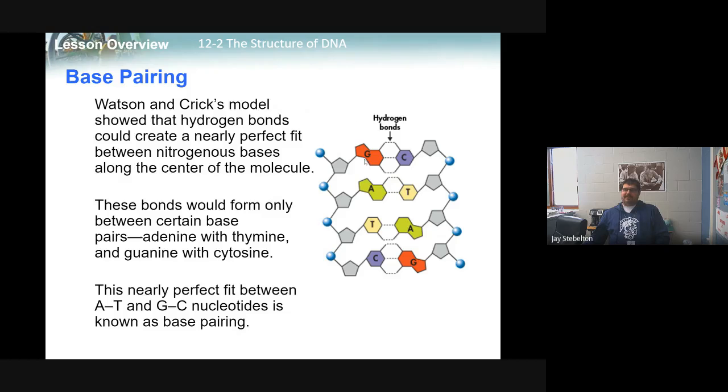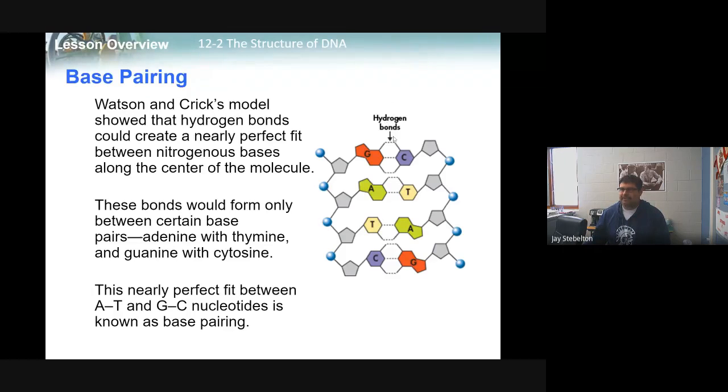When we copy DNA and pass it on, these are the base pairs that try to make an exact copy of the original DNA strand. And really, there's more to it. We'll get into it when we get into DNA replication.